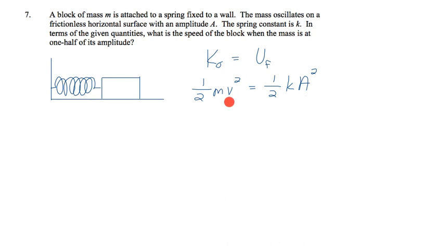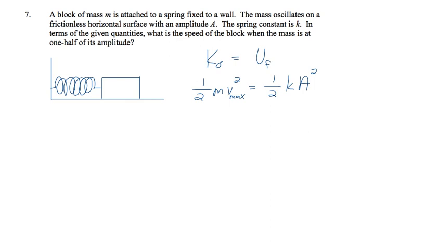All right, so that's going to be its maximum. When it's at its maximum velocity, that will be at its equilibrium position. So if I solve this, first of all, I'm going to solve it for the V max.